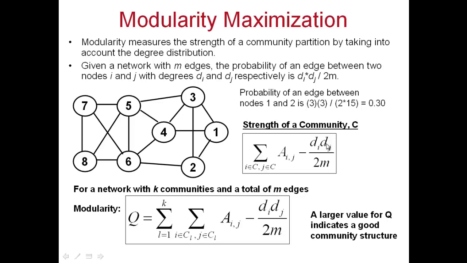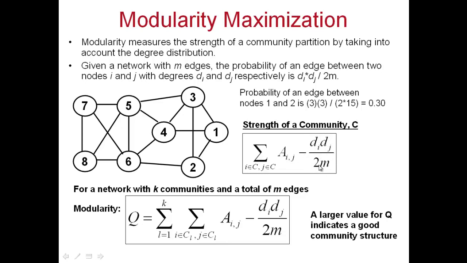Is that clear? Now this entry in the adjacency matrix will be a 1 if there is really an edge between i and j. So if there's an edge between i and j, the sum of these two terms, of course with a minus, is going to be 1 minus this.